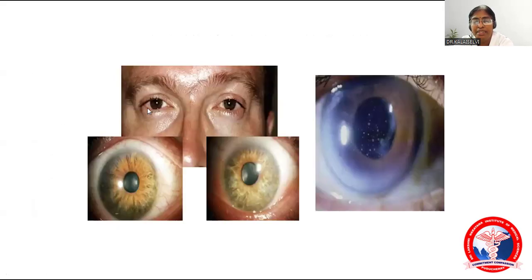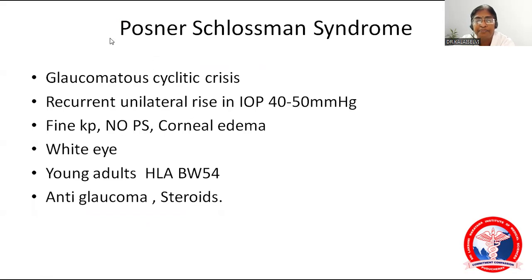This is the presentation of a person with uveitis, where the eye is relatively white. And this is the retinal photograph showing multiple diffuse stellate patches. And we have Posner-Schlossman syndrome, which is glaucomatocyclitic crisis.